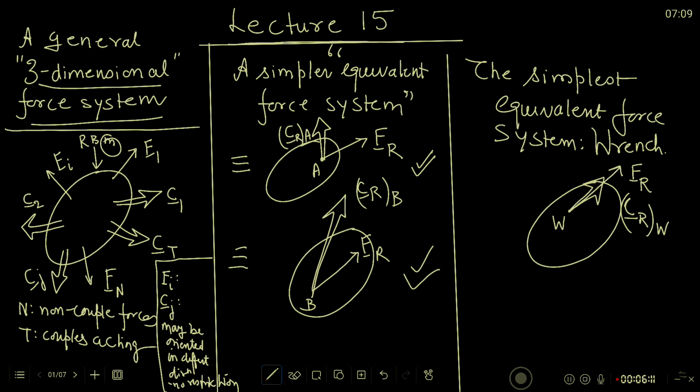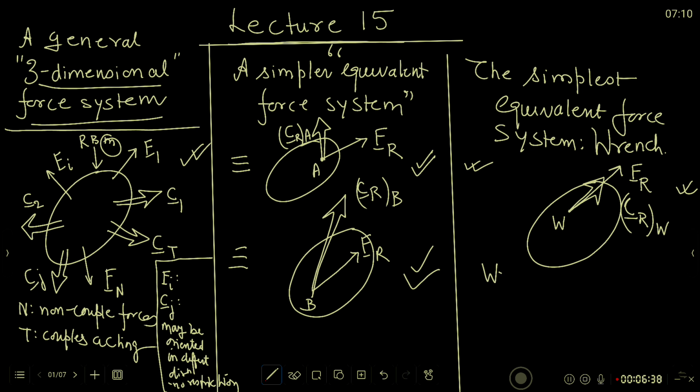However, in this case, we are confident that the associated torque CRW is indeed parallel to Fr. CRW has no component perpendicular to Fr, and thus we deem this force system to be the simplest equivalent of this force system.